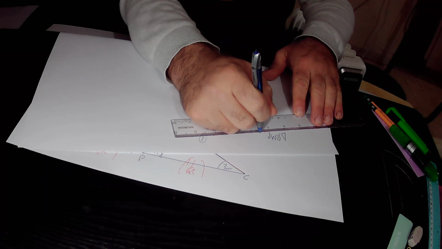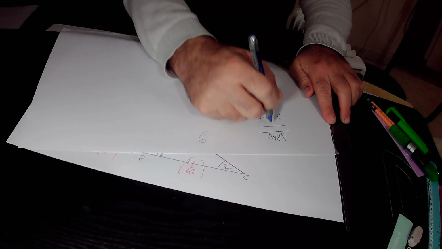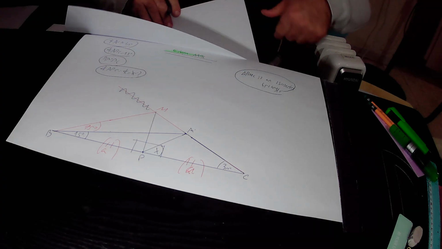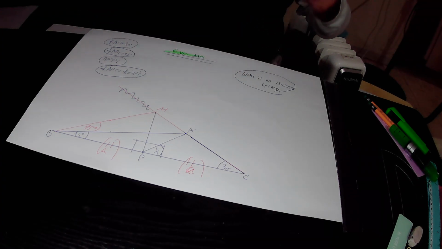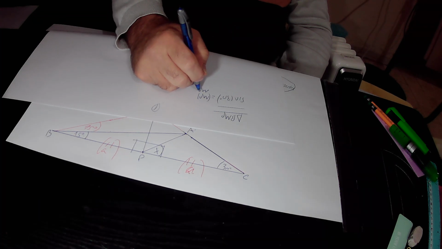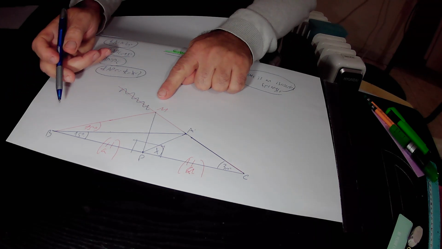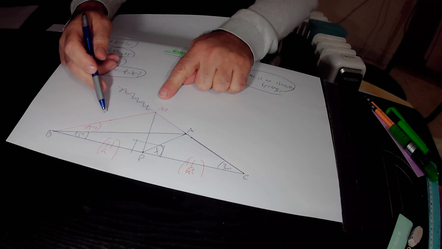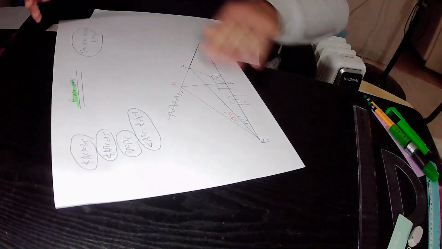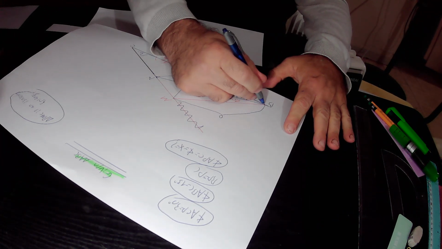It's very easy to see that sine 30 degrees equals MP over MB. We define the hypotenuse of this triangle BMP, the hypotenuse MB, as 2b units in length according to our definition.